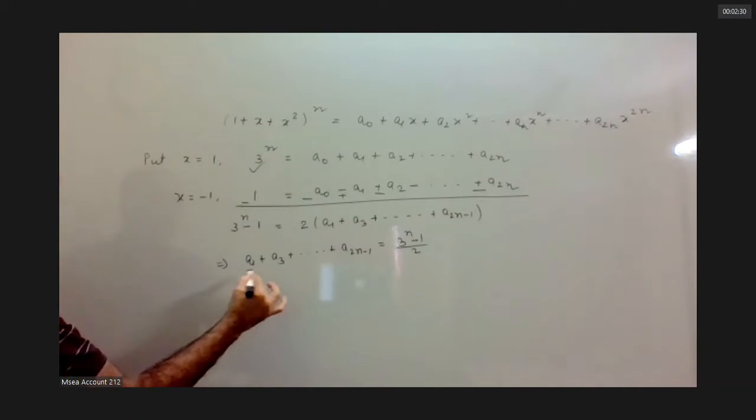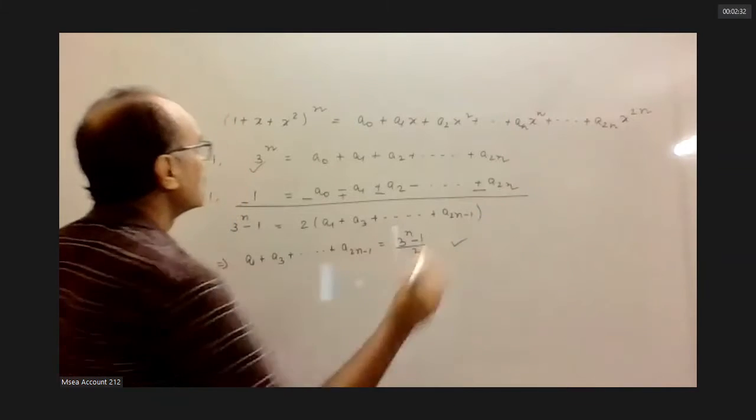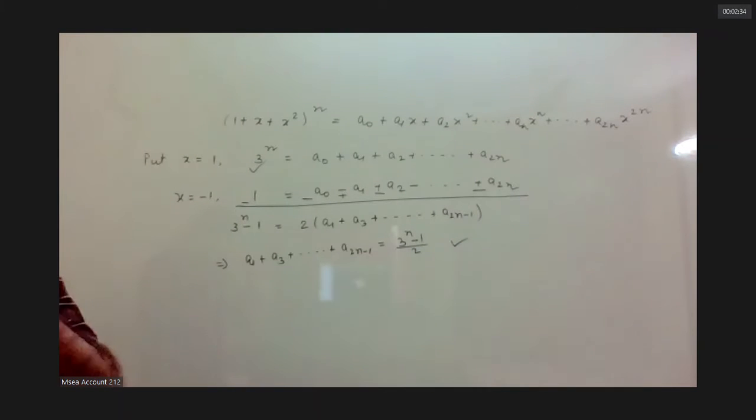Now, third bit is a0 square minus a1 square plus a2 square.